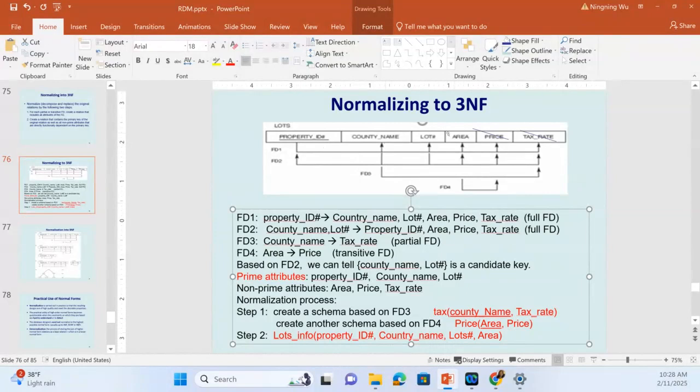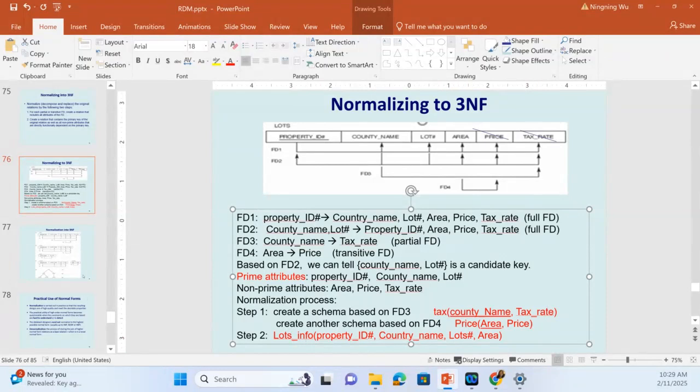Finally, this original one big table is replaced with these three smaller tables. Since we arrived at these three smaller tables using the normalization process, all three will be in 3NF by default. The 3NF normalization process guarantees that the resulting relation schemas will all be in 3NF.